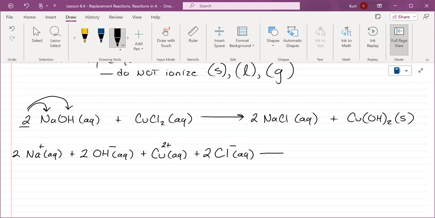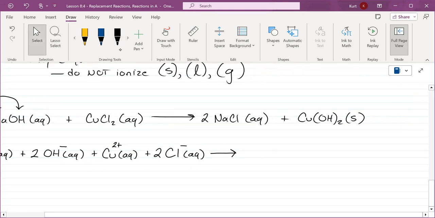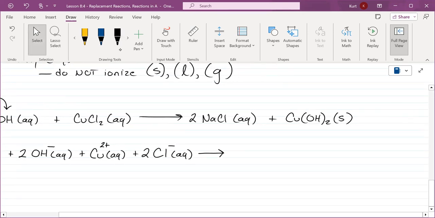You now go to your product side. I want you to try to ionize sodium chloride on your own. I'll give you about 20 seconds. That is commonly called table salt. Okay.